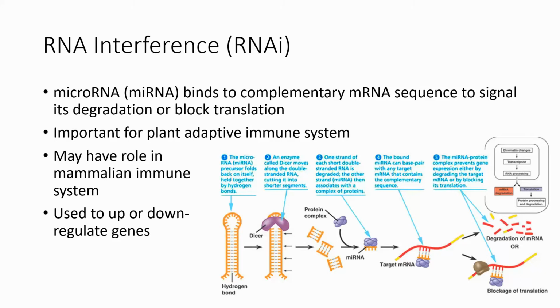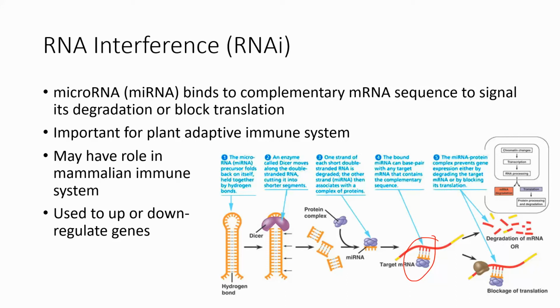So I just wanted to talk about RNAi, or RNA interference. That is when your cells produce these microRNAs. These microRNAs will then be complementary to part of a target mRNA, and the binding of this microRNA is a signal to the cell to either stop translation or to break down this mRNA.